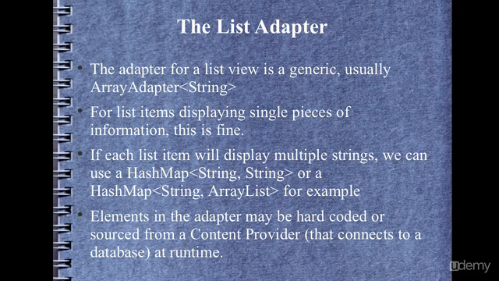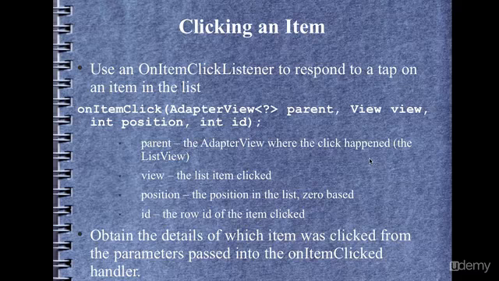But we can source elements in this adapter either through code or from a SQLite database or from a content provider that connects to another application's SQLite database, let's say. It's very flexible.